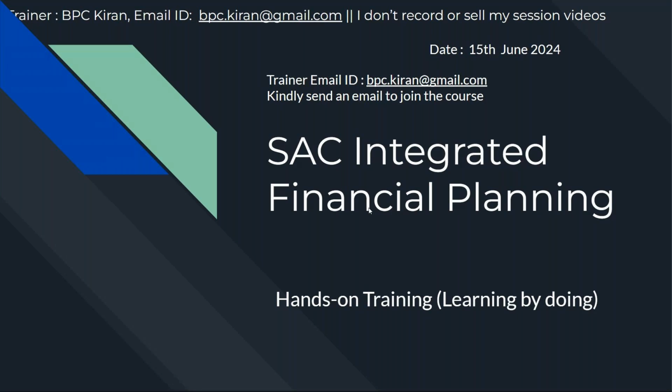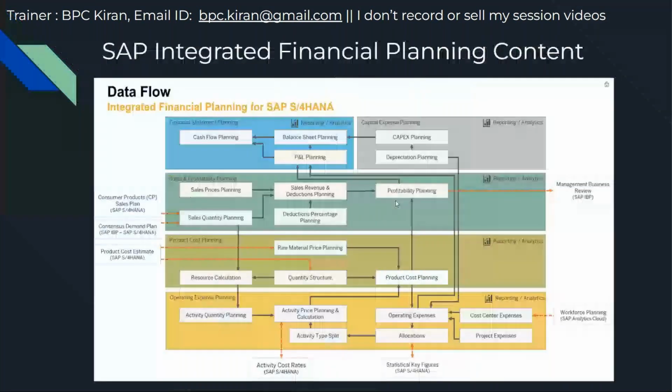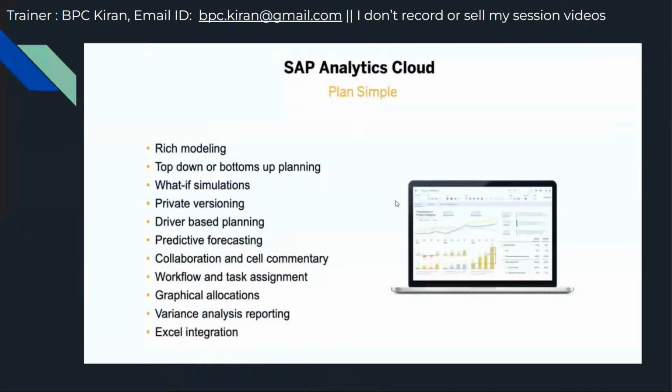SAC is a very good tool for analytics, planning, and predictive. We all know that. For example, if you think about BPC, BPC is basically good for planning. Analytics again we have to depend on BW or BO somewhere, dashboards and all those.